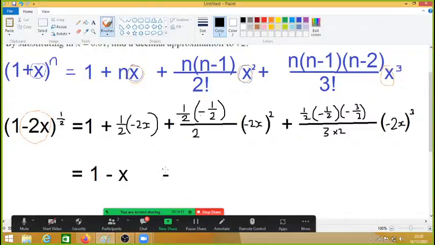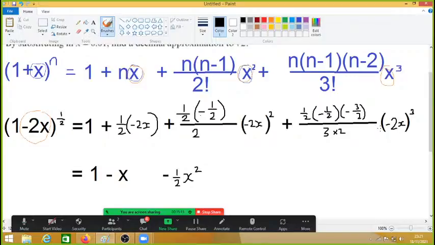And that's the answer for the x squared term. And then just one term left. So again, just type it all into your calculator. You've got half times minus 3 over 2, all divided by 3 times 2. Here you've got the minus 2, which gets cubed.